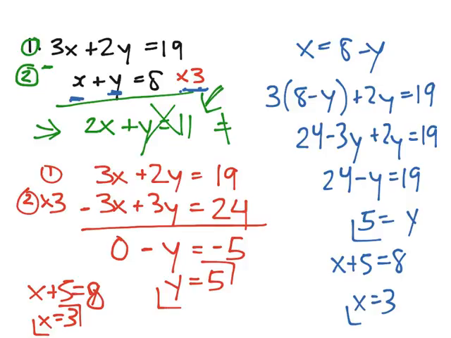So here we multiplied the second equation by 3, so that when we subtracted the second equation from the first equation, we would get 3x minus 3x. And this gave us an equation in terms of one variable, which we could solve using algebra.